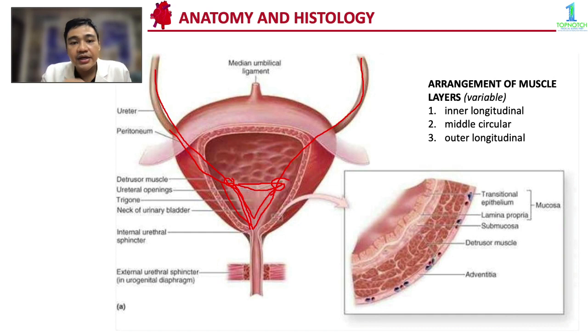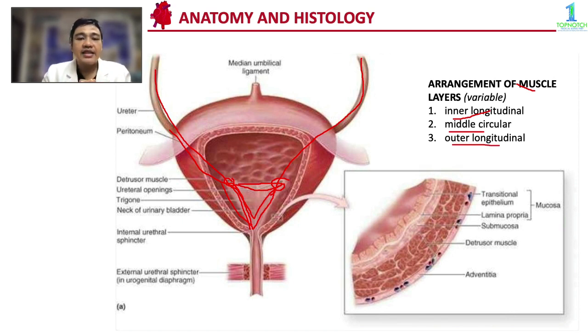Okay, a term for histology, the common question for this, other than the type of the layers or yung type of lining ng epithelium ng bladder, the most common question is actually the muscle layers. Strictly speaking, okay, if you are to ask, theoretically, the innermost would be an inner longitudinal, then a middle circular, and then outer longitudinal muscle layer.